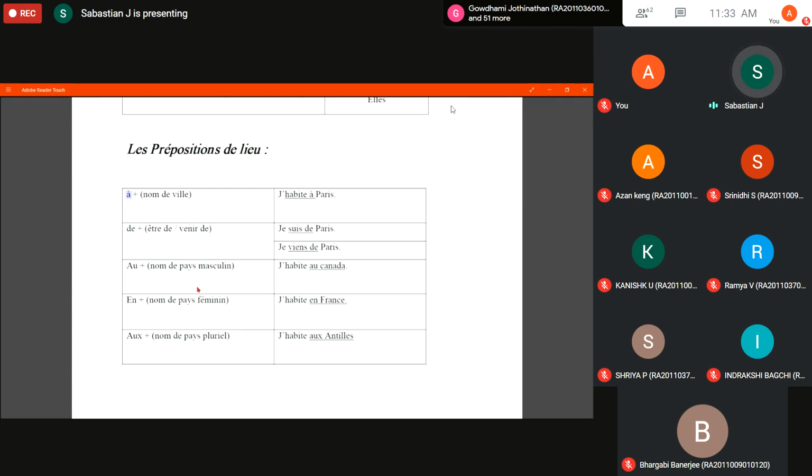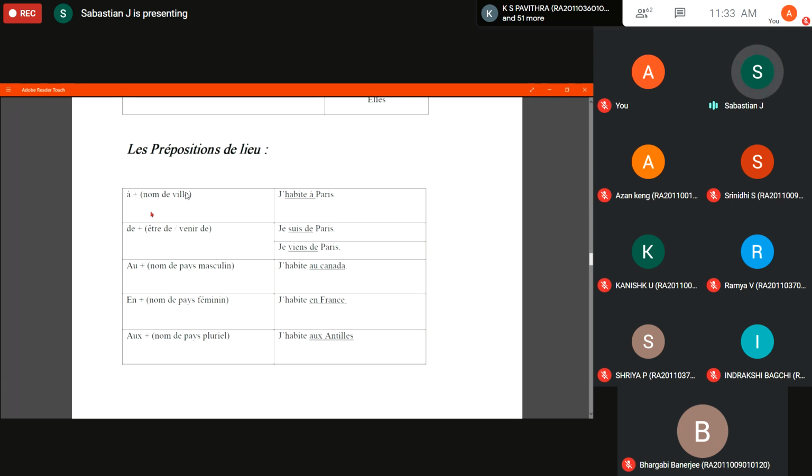J'habite à Paris. I stay in Paris. For example, you want to say I go to Paris. Je vais à Paris. So for any city name, the only preposition which can go is this one. Nom de ville means name of a city. So make note of it. À with grave accent is used only for cities.